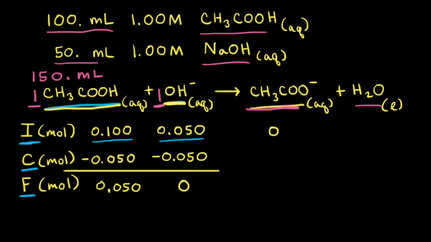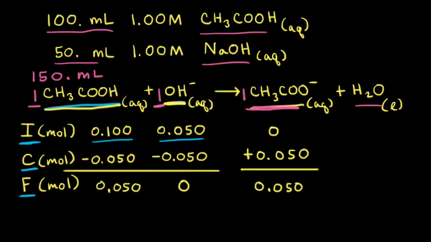For the acetate anion, the coefficient in the balanced equation is a 1. Therefore, if we're losing 0.050 on the left side of the equation, we're going to be gaining 0.050 on the right side. So when the reaction goes to completion, we have 0.050 moles of the acetate anion.